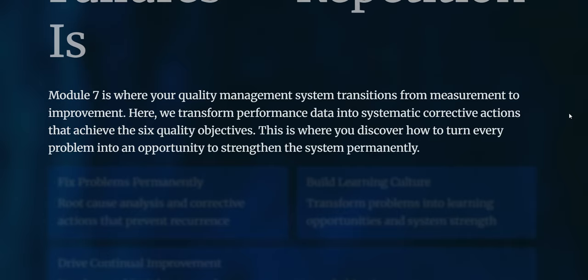Module 7 is where your quality management system transitions from measurement to improvement. Here in Module 7, we transform performance data into systematic corrective actions that achieve the 6 quality objectives we have set. This is where you will discover how to turn every problem into an opportunity to strengthen the system permanently.